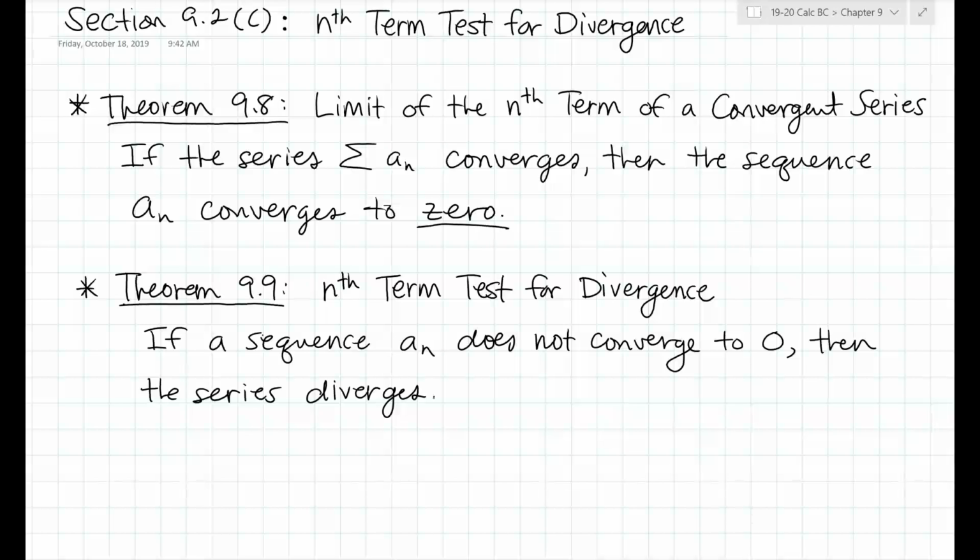The sequence is just like an expression and you can write out a couple of terms, right? So if the series converges, notice they don't tell us converges to what. They're just saying it converges to some number. So if the series converges, then the sequence converges to 0. It is not true that if the sequence converges to 0, then it implies that the series converges.